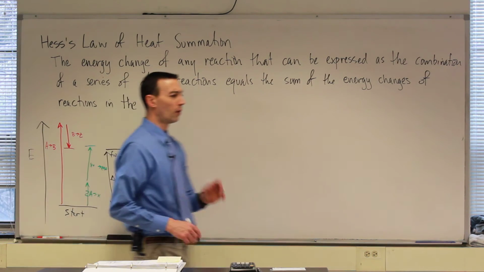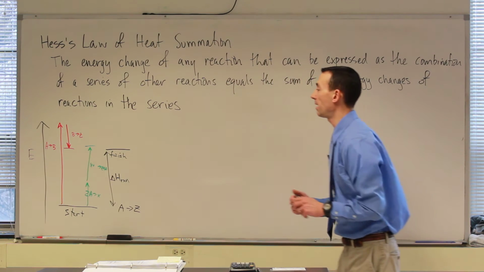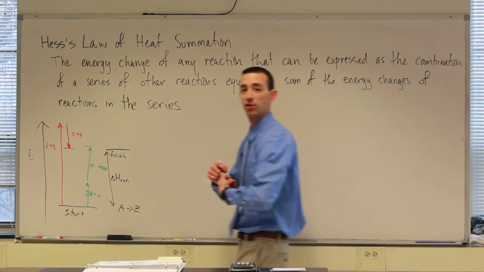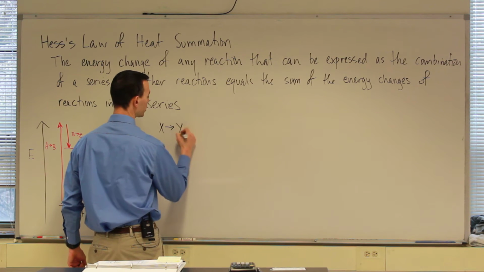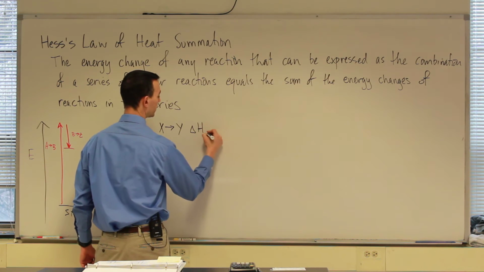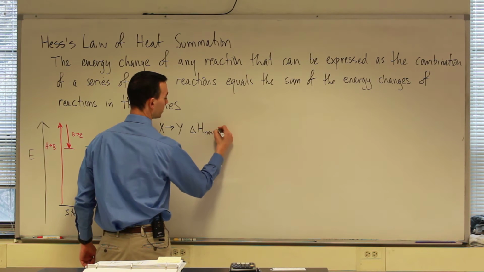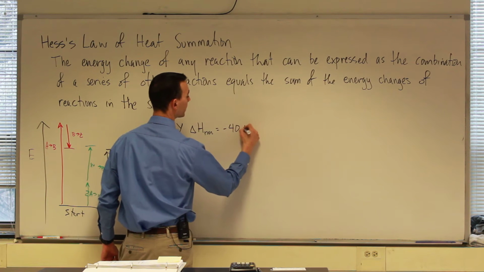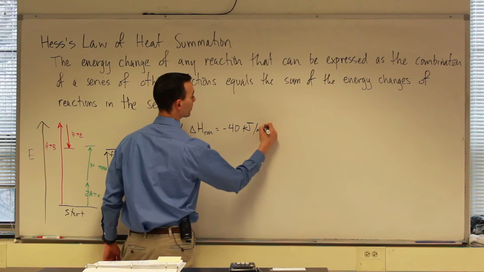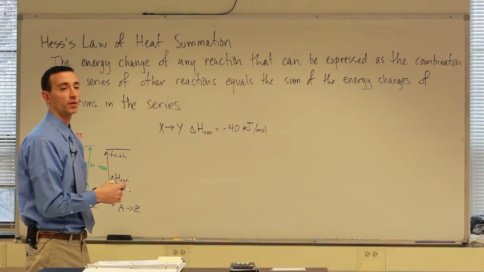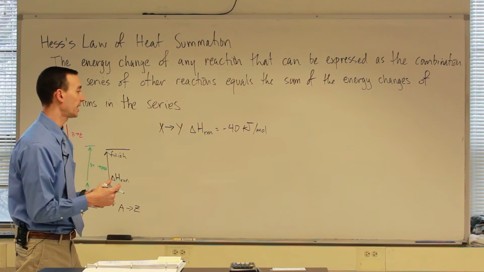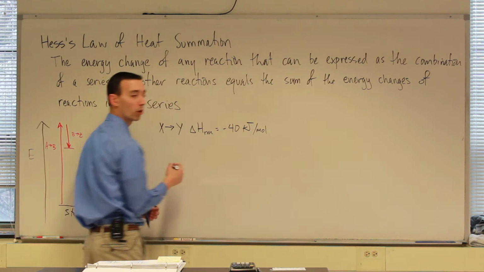Before we use this in some examples, I want to remind you of a few things about the enthalpies of reactions. Again, just generically speaking, if X turns into Y, with an enthalpy change of negative 40 kilojoules per mole, we want to think about how this scales and changes in a few different scenarios in the lab. This is on a per mole basis.